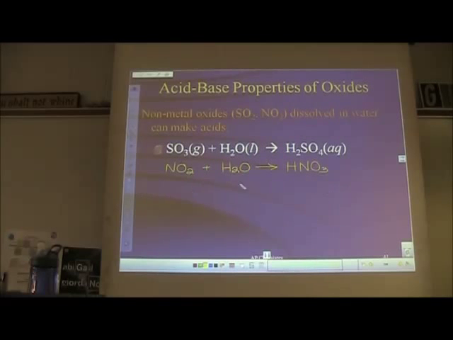Now, it's not balanced. You'd have to go and balance it, but what we're focusing on here is, can you predict the product? What if I did this? Correct.